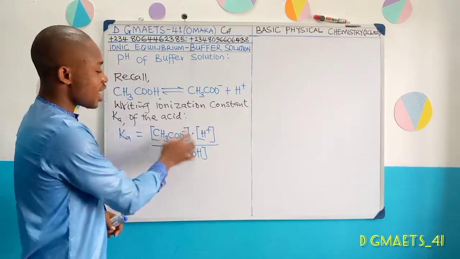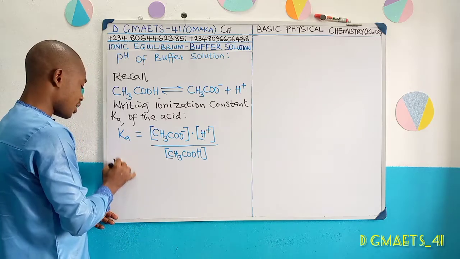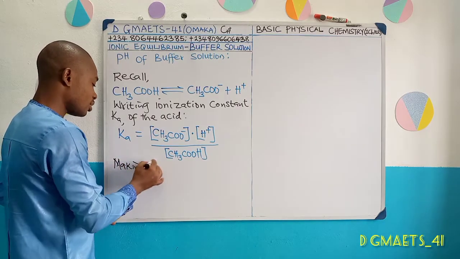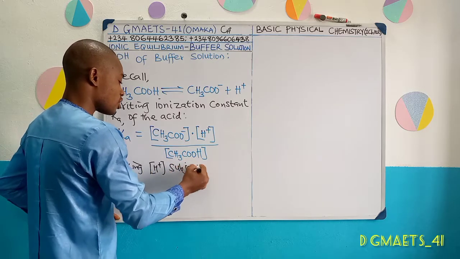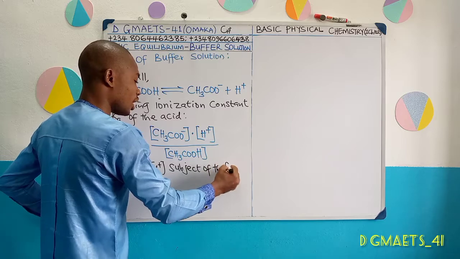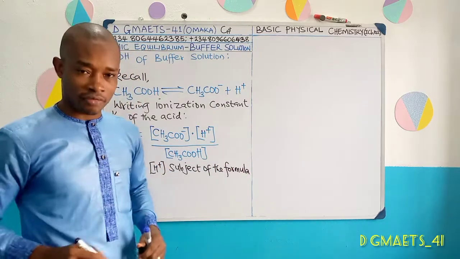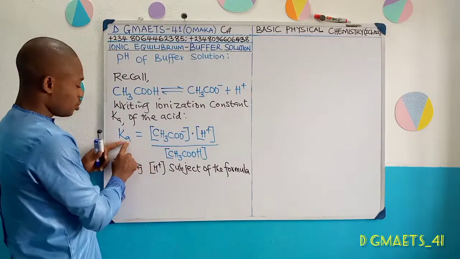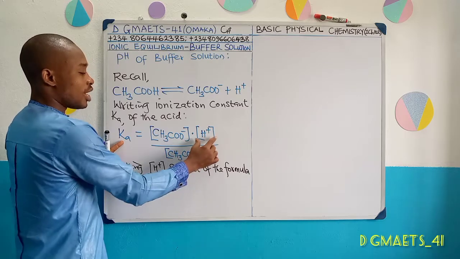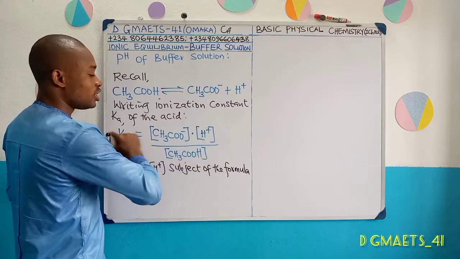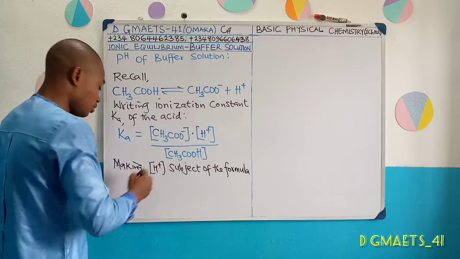From here now I will make hydrogen ion concentration stand alone. So I will write am here, making hydrogen ion concentration subject of the formula. I go make am stand alone, na be the meaning of make something subject of the formula. Wetin I go do, I go use this Ka multiply this concentration of acid wey dey under here. Then as I wan make this one stand alone, I go divide everything by the concentration of this ion.